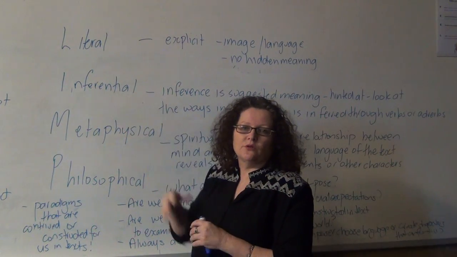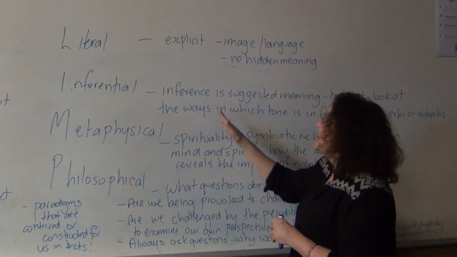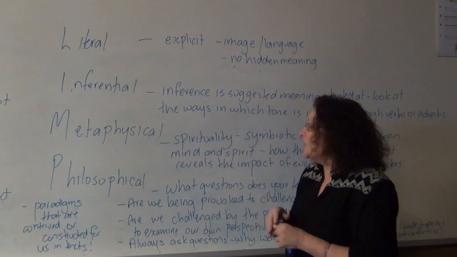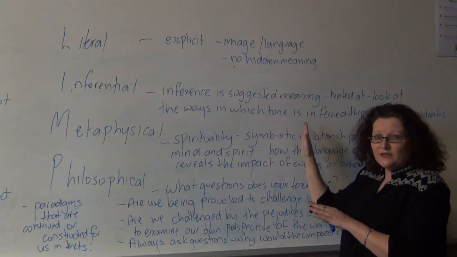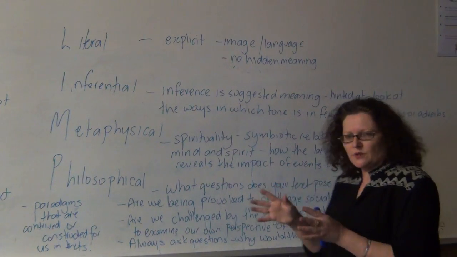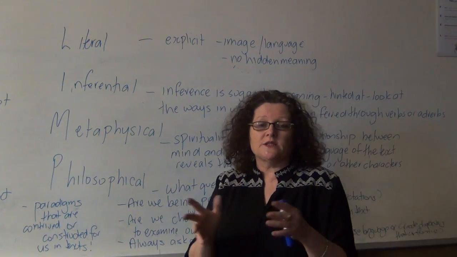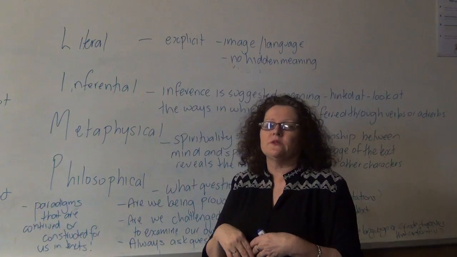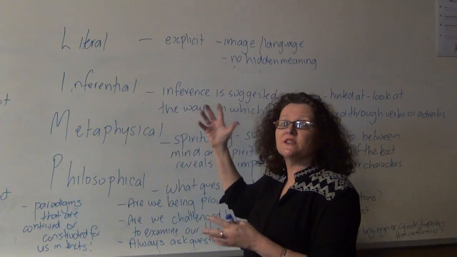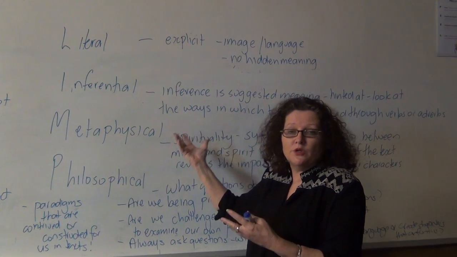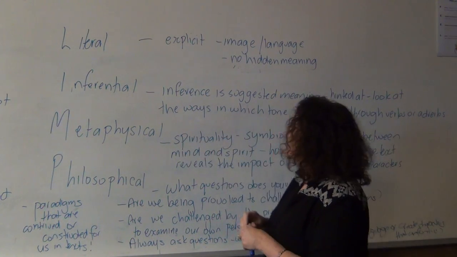Inferential, of course, is then looking at where there's inference. Inference is actually quite hard to find. So some hints here would be to look at the way in which tone is constructed in your text. Tone's always constructed through verbs and adverbs. It tells us how somebody speaks, so it's very different if somebody whispers something than if somebody yells something. So we can actually tell what mood somebody's in or what tension's going on in the scene.